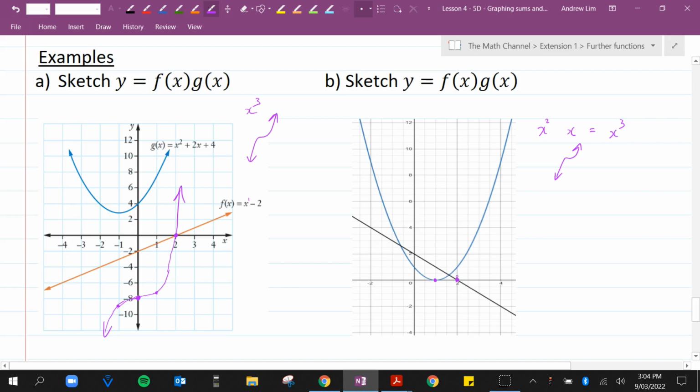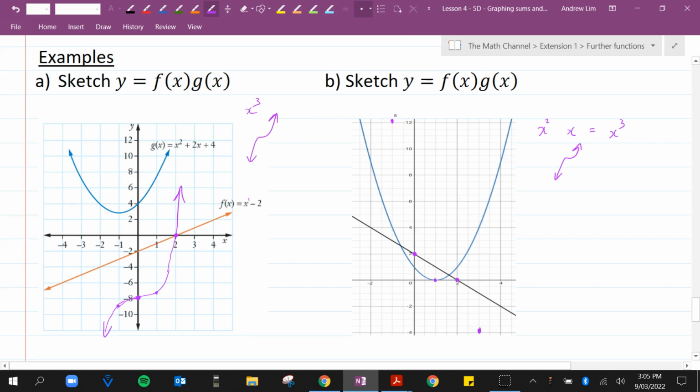Alright, let's look for some easy values to multiply. 1 times 2 is 2. Let's see, minus 1 times 4 is minus 4. We've got 3 times 4, that's 12.